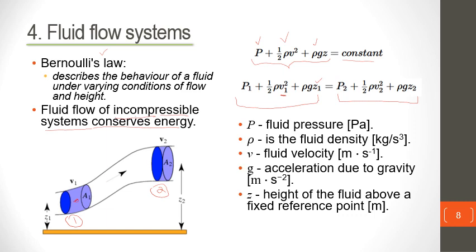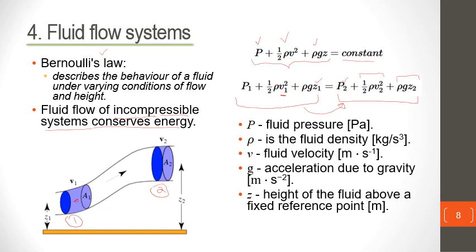That is, the pressure at point number 2, in pascals or in atmospheres, plus the component of kinetic energy plus the component of potential energy. This sum will be equal to that sum.